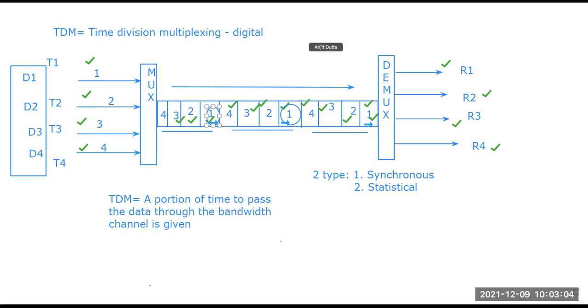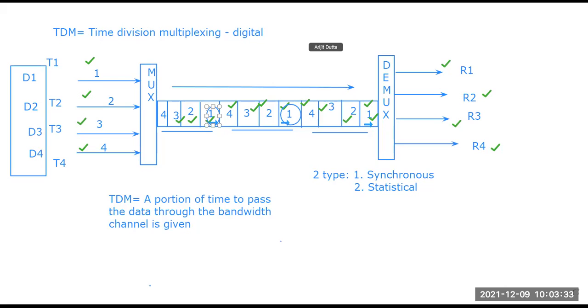And the second part here is statistical TDM. Compared with synchronous TDM, when we have a particular gap where D1 has nothing to send, that time the link is idle. It means the utilization of the link is not proper.